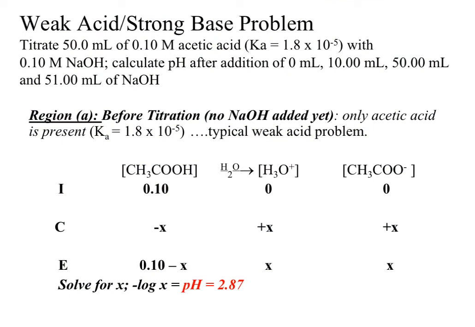Alrighty, before titration, so this is no sodium hydroxide added. This is a typical ice table for a weak acid. One of the reasons that I like titration of a weak acid is it's really a review problem of everything we've learned in the last several weeks. It's very good practice to do this type of problem.